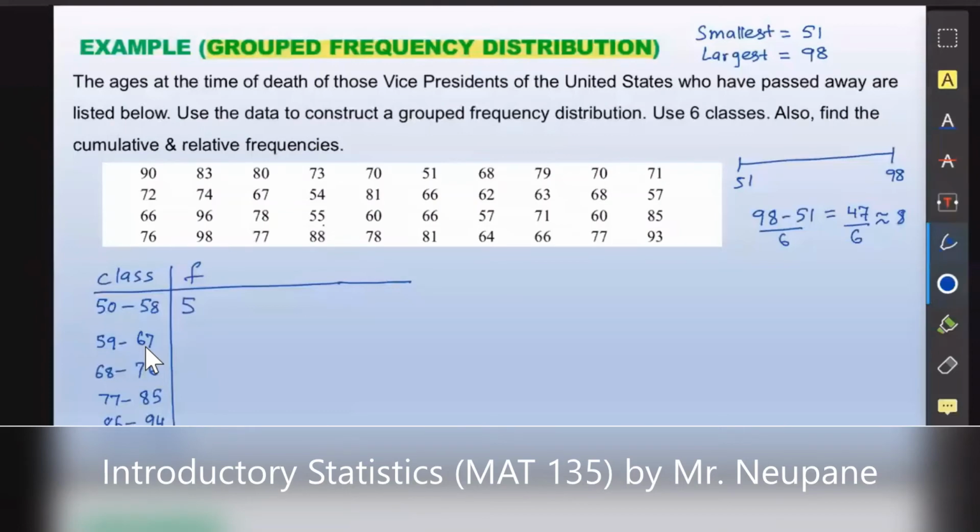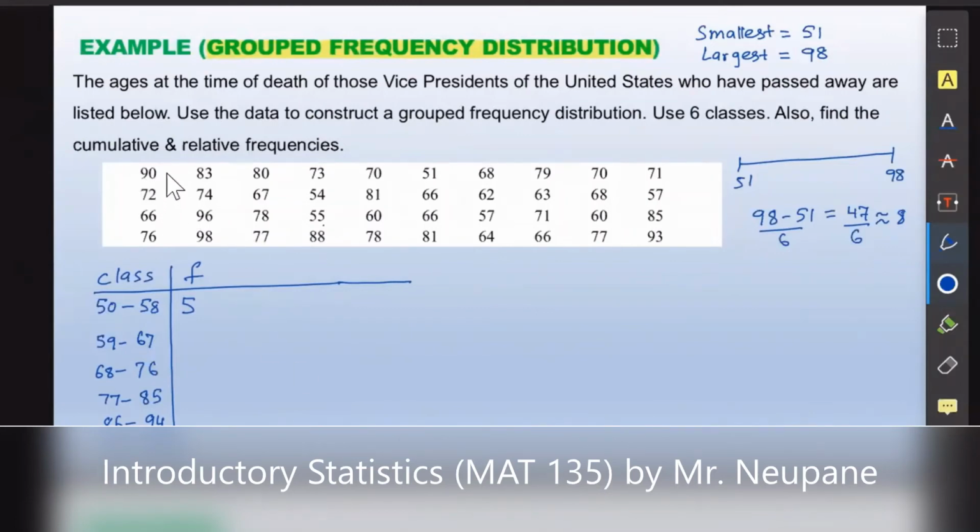So what do you got? 7? 10? Wrong way off. 12? That's wrong. 4? 8? 9? Interesting.